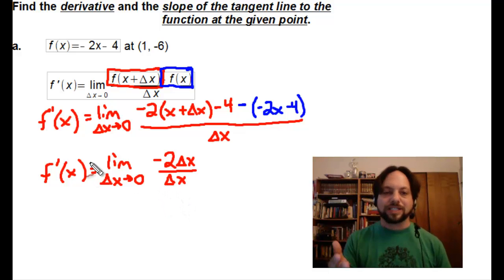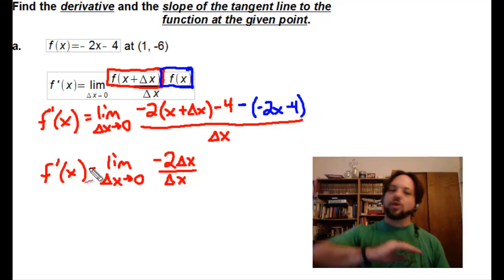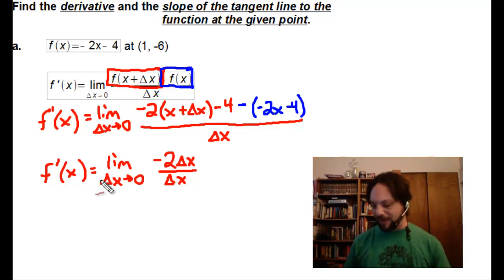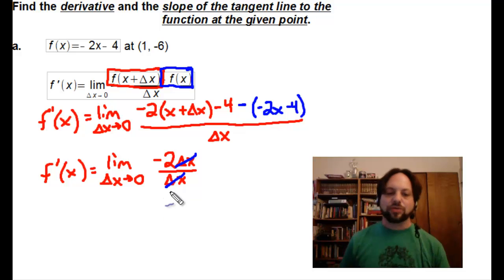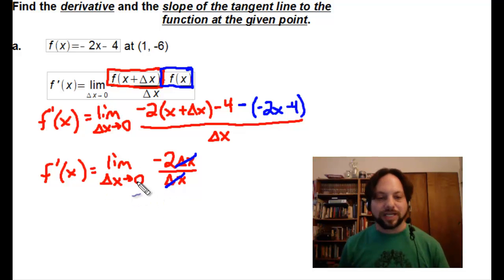Of course, if you plug the 0 in, you'll have 0 over 0. We spent a lot of time in Chapter 1 talking about how terrible of a thing that is and how awful and bad. So let's just go ahead and cancel these out. And now, if we plug in delta x, well, there's really nowhere to plug in delta x. And so what we get is that the derivative of this function is negative 2.